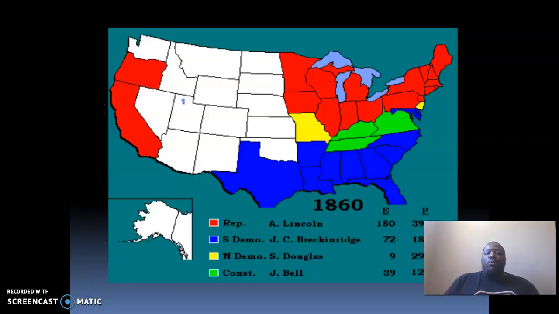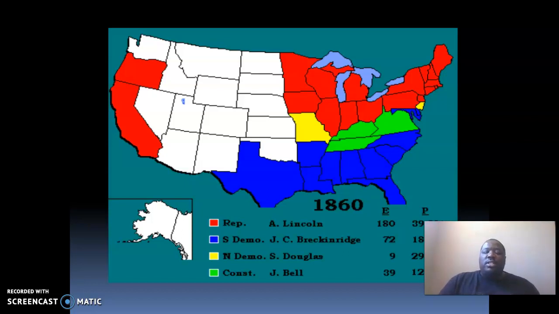Now, here's a map where you can see the difference in the election of 1860. You see here the red states are for Abraham Lincoln, and the blue states were in favor of J.C. Breckinridge.